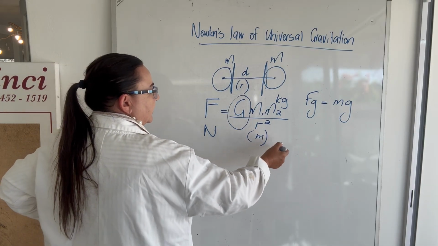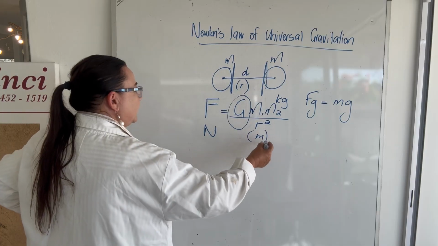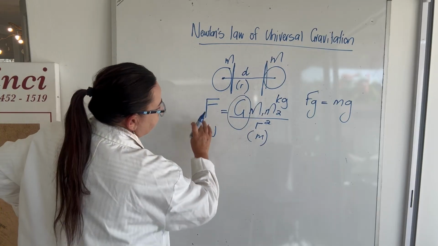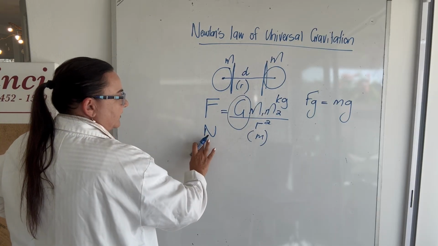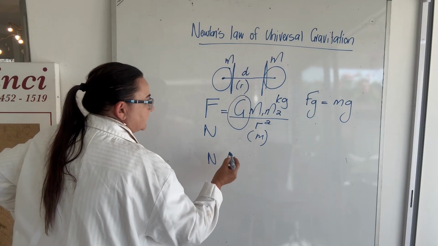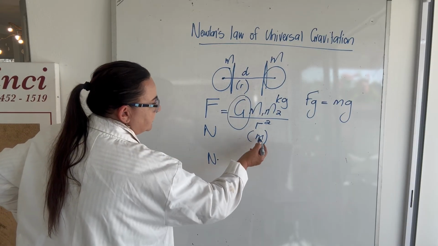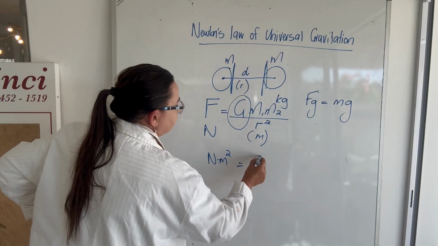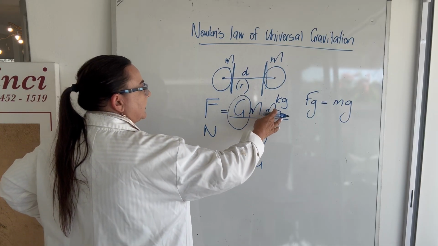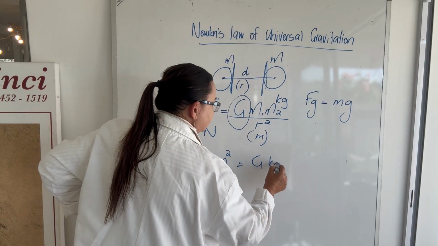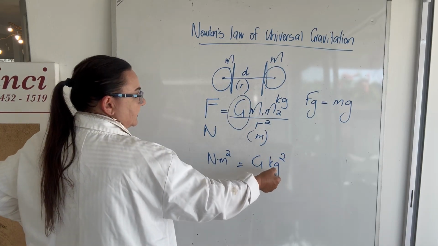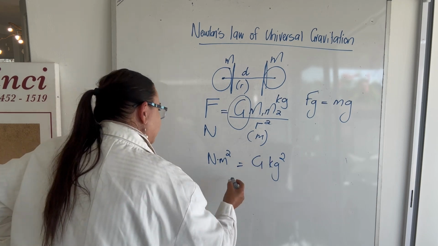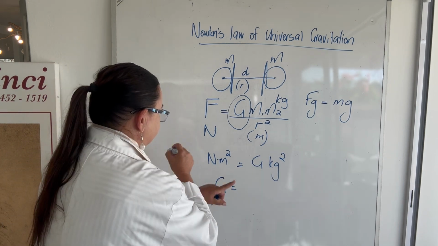So I'm going to take away radius squared. I'm going to multiply it on this side. So what do I have on this side? A Newton. So then it is Newton times a meter, that is meter squared, equals G, and it's kilograms times kilograms, so that is kilograms squared. So how do I get rid of that? That's going to come to this side. Let me just turn it around.